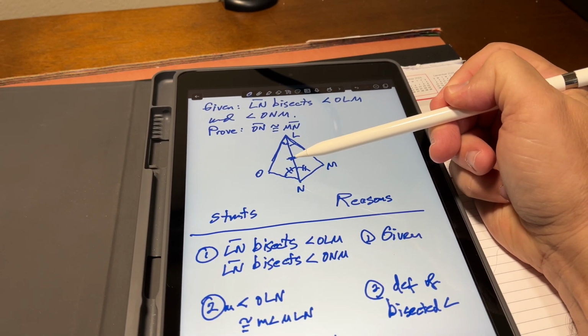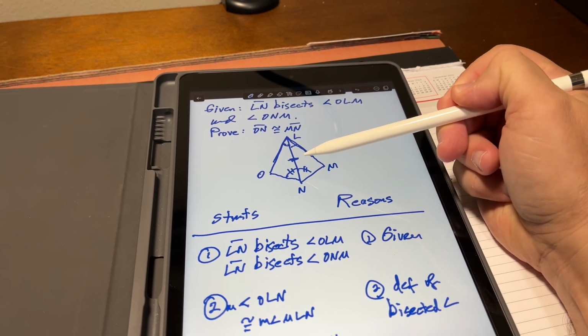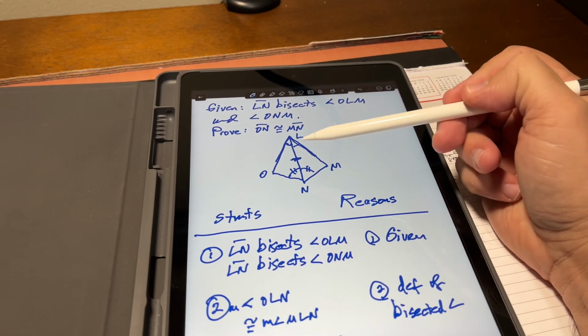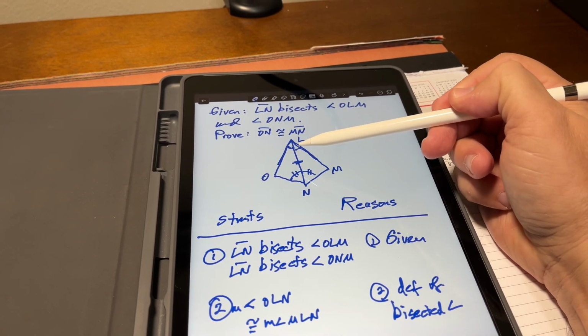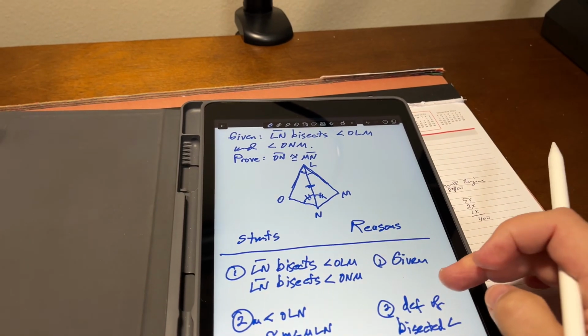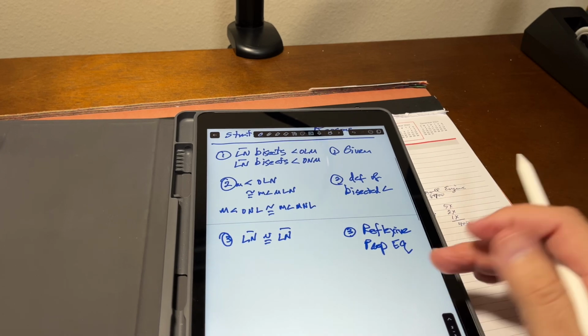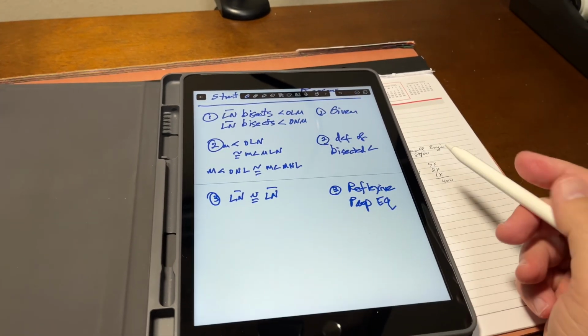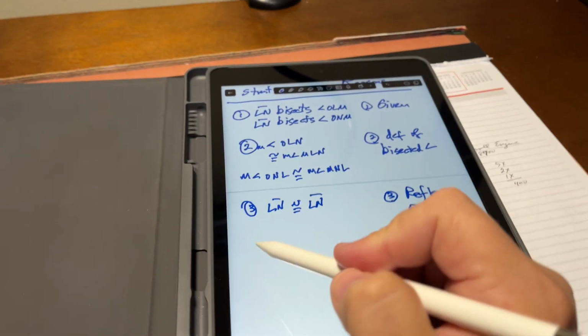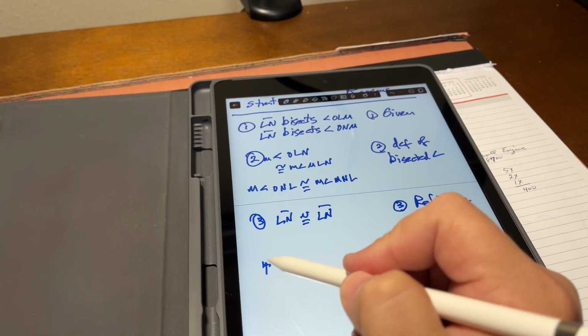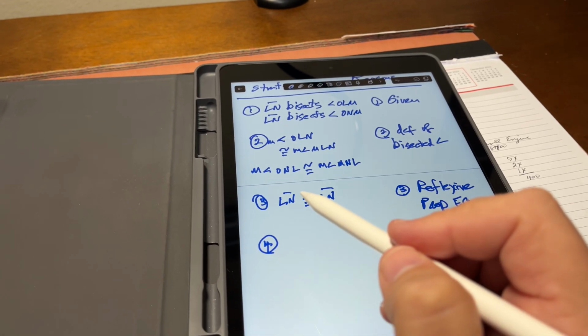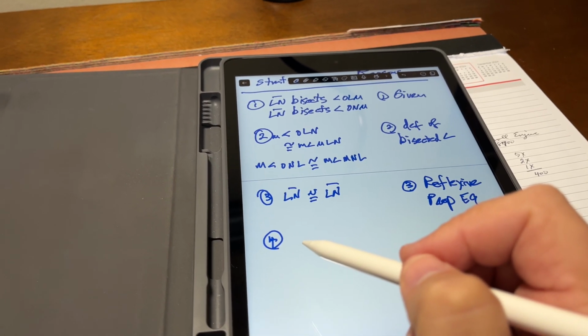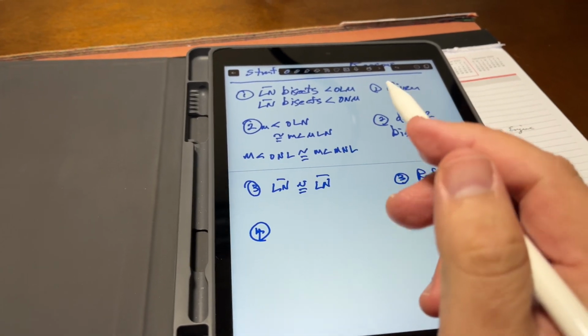And so notice I put that here. So this segment in both of the triangles is the same. And now I have angle side angle. And angle side angle is a theorem that tells you that if you can just show that two angles and an included side are congruent, then you know the two triangles are congruent.